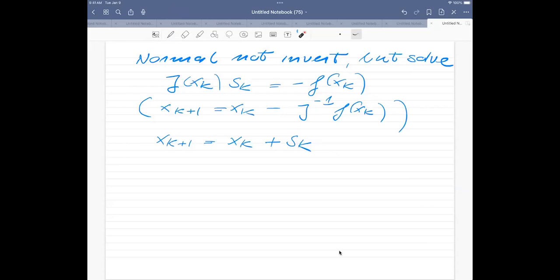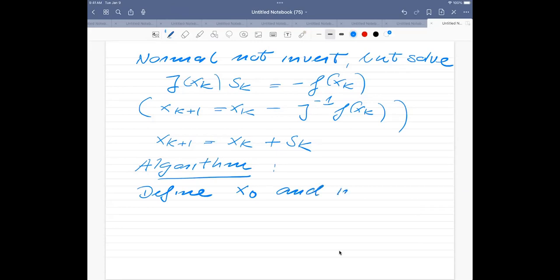Now, Broyden's method is actually based on this updating of the secant, but in a slightly different way. So the algorithm proceeds as follows. You would typically define an initial value x0, and an initial value for the Jacobian, which I'm going to call B0.